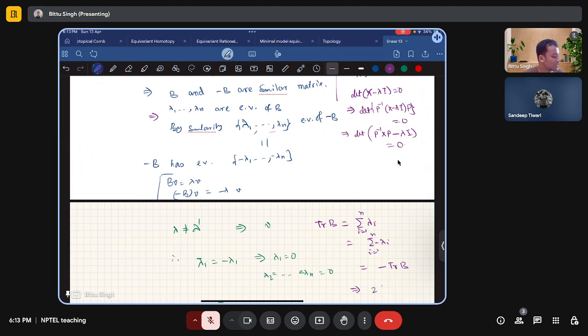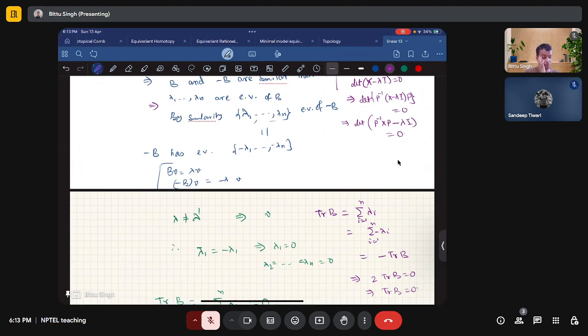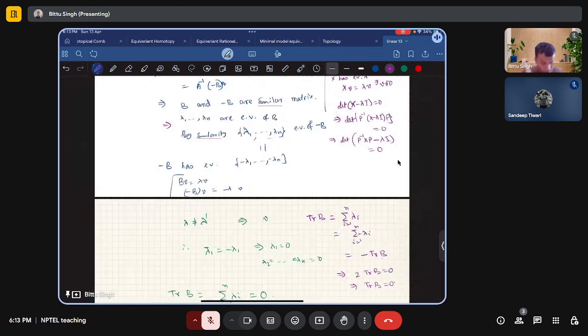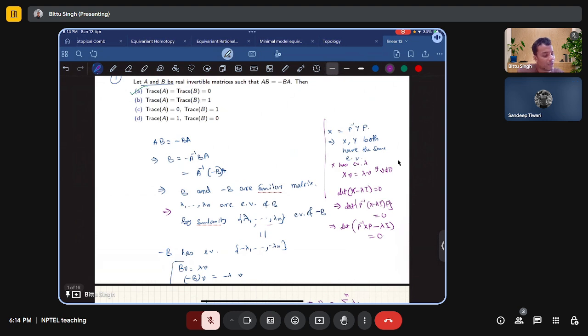Therefore, 2 times trace B is 0, hence trace B is 0. Yes, that is a better argument, easier to see. Similarly, the same reasoning can be applied for A, and we will get trace of A is also 0.